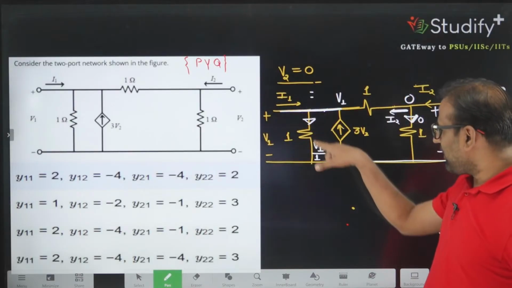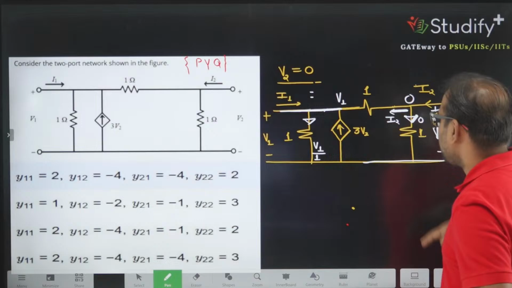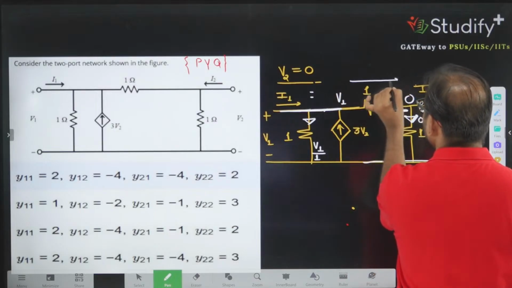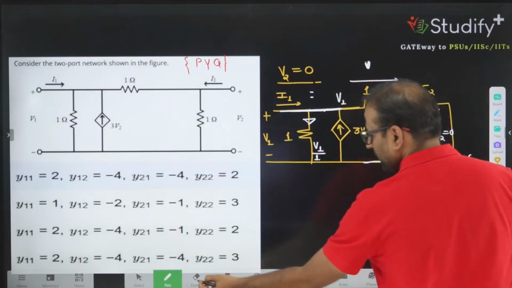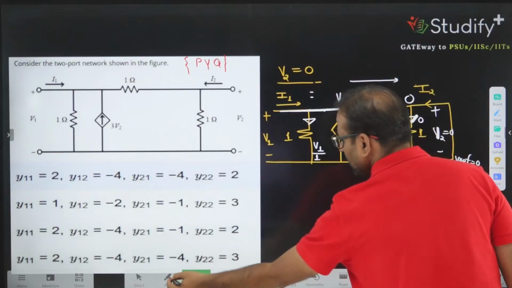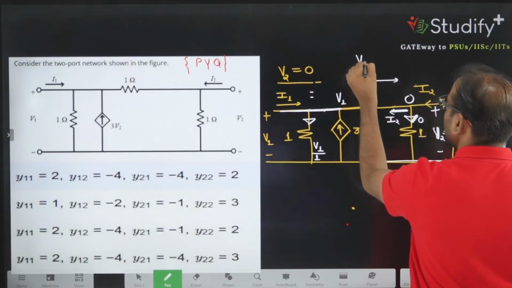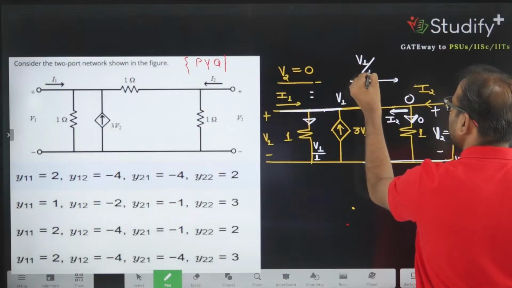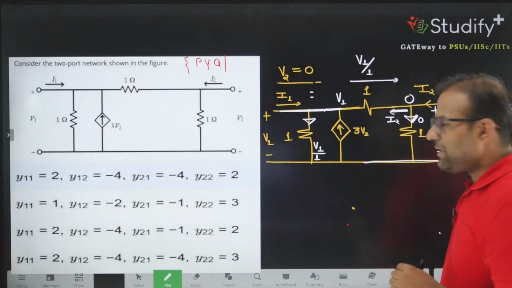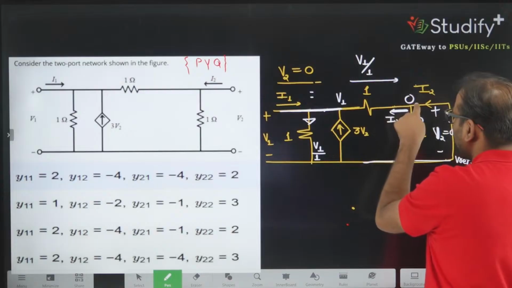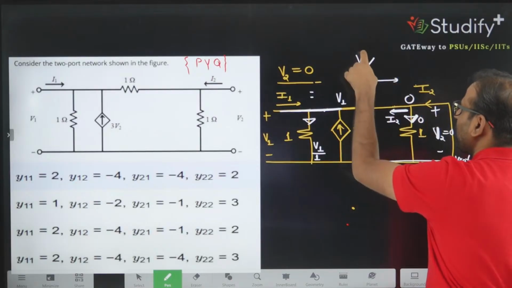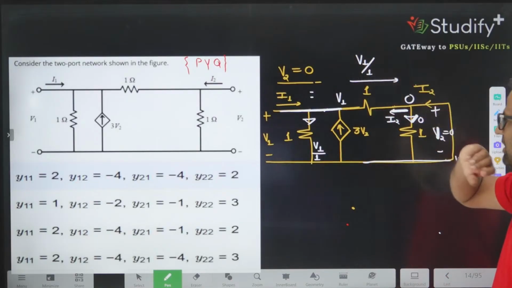So this current is V1 divided by 1, and this current is also V1 divided by 1. Why is this current V1 divided by 1? Because higher potential is V1, lower potential is 0. Higher potential minus lower potential divided by resistance is equivalent to current.